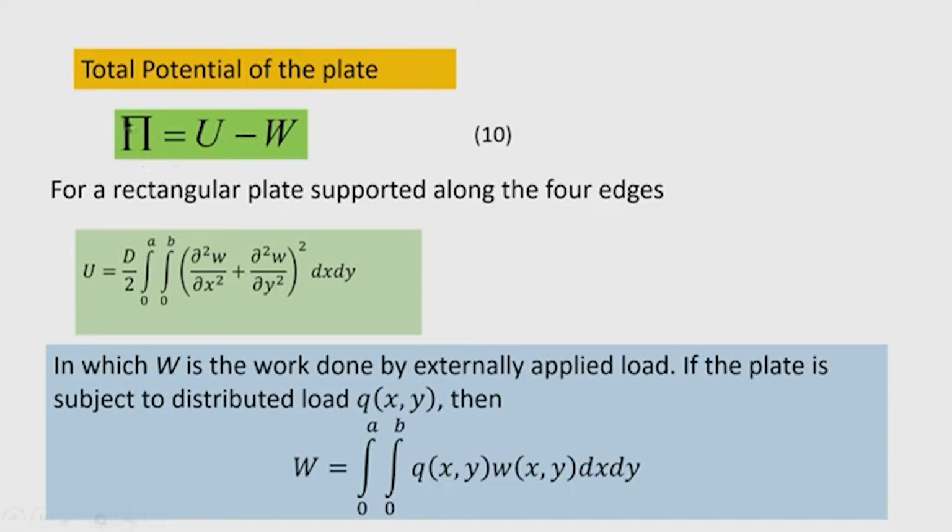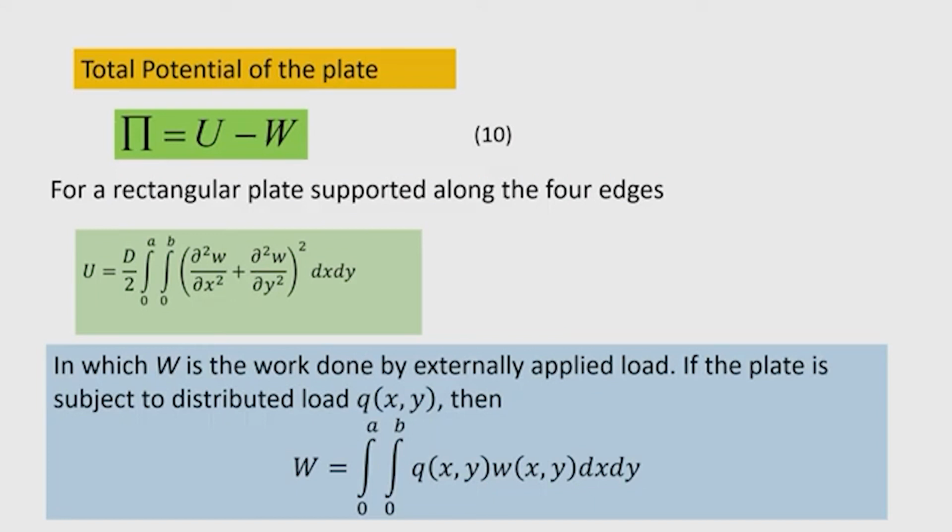So, capital pi is the symbol used here to denote the total potential of the plate. Okay. So, what is total potential? That is strain energy minus work done, W is the work done due to external loading. We are considering only the static problem, so the kinetic energy is not coming here, but when you consider the kinetic energy for analysis of vibration, then the total potential expression will also include the kinetic energy term.